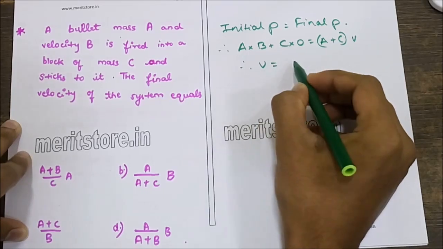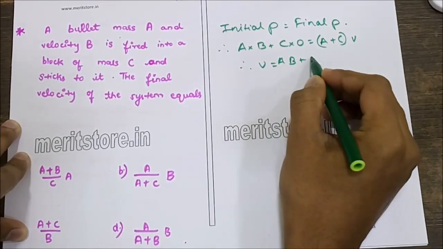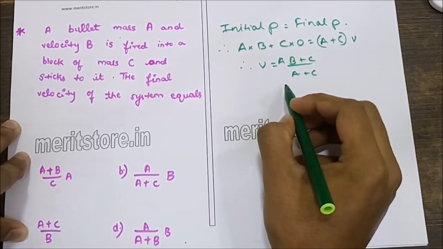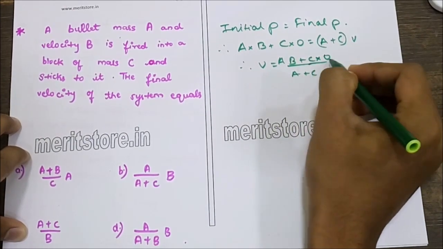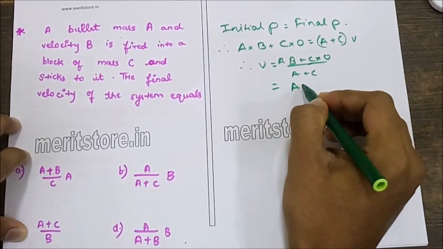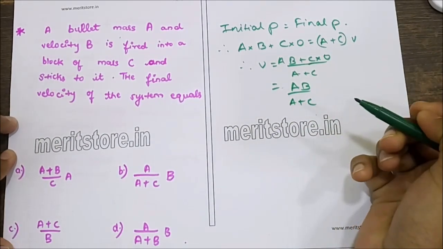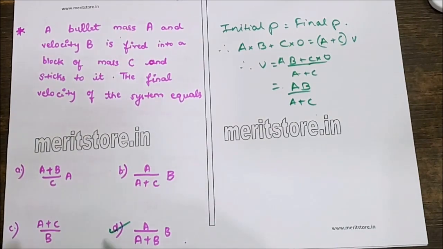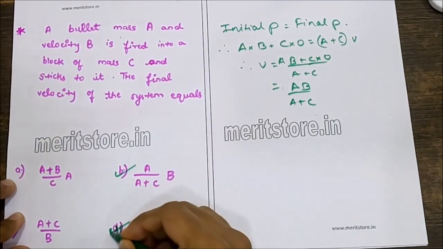Therefore the velocity v is equal to a into b plus c into 0 upon a plus c, that is nothing but ab upon a plus c. Hence option D is the correct answer. Oh, pardon me. Option B is the correct answer.